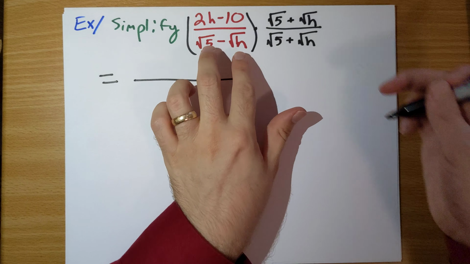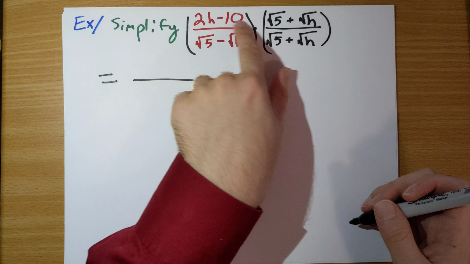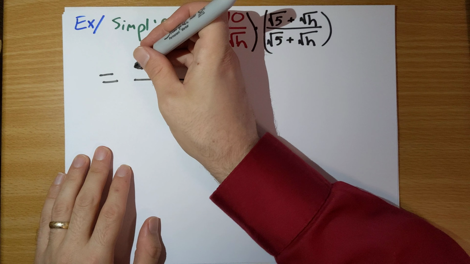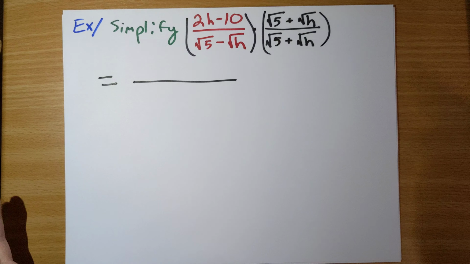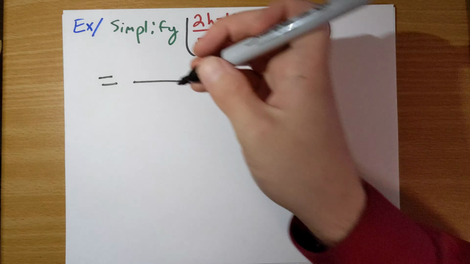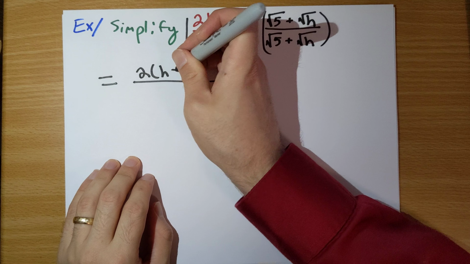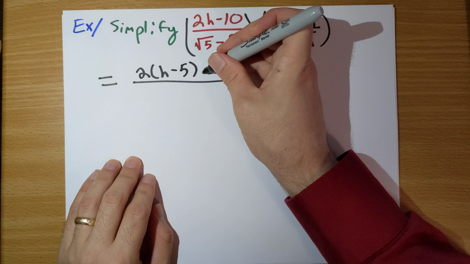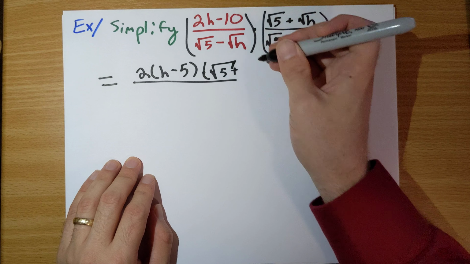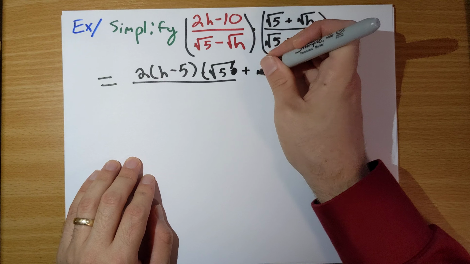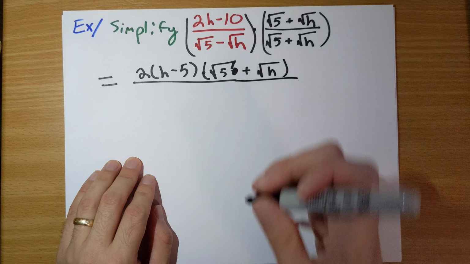Well, we would have in the numerator 2h minus 10, and realize that there's a factor of 2 that can be factored out, so 2 times (h minus 5) times (square root 5 plus square root h).